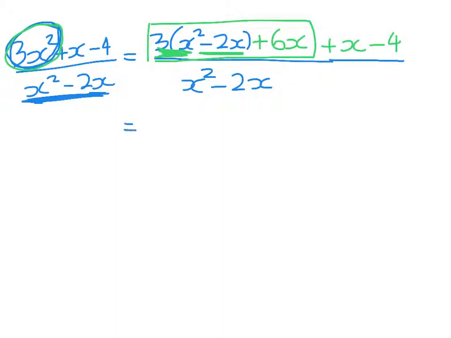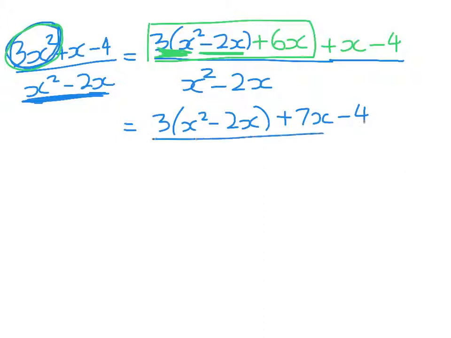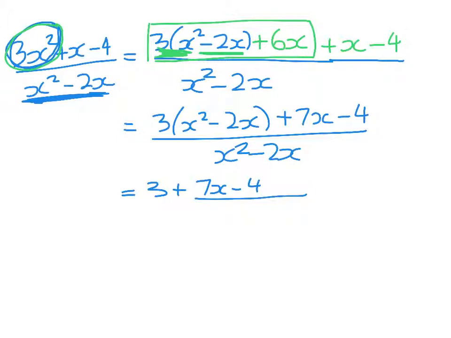That's great. I recommend for the first few when you're practicing these that you step pretty carefully through. So what do we have here? We've got 3 times x squared minus 2x plus 7x minus 4 over x squared minus 2x. And that now gives me 3 plus a partial fraction problem that looks just like my old ones.